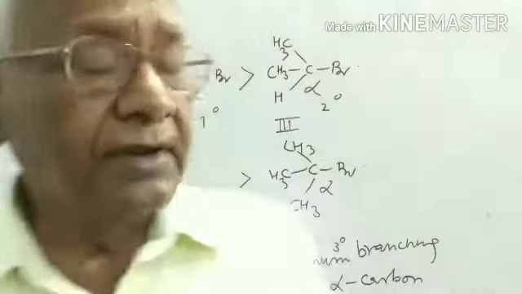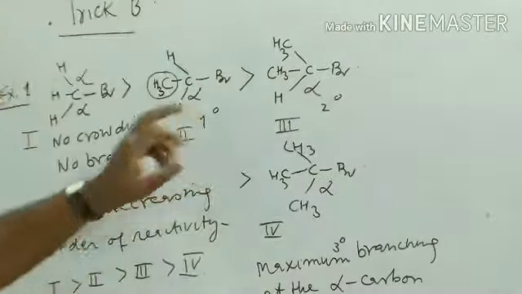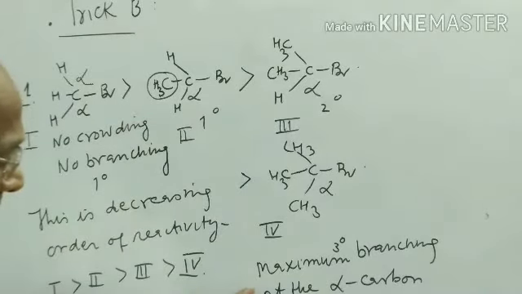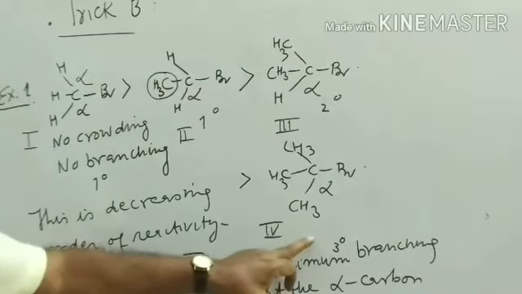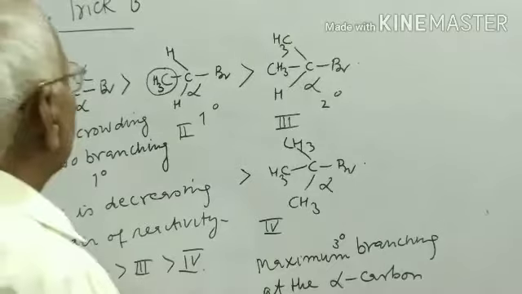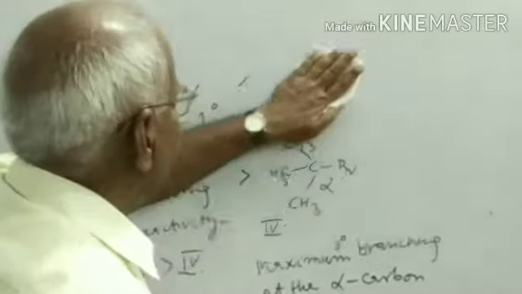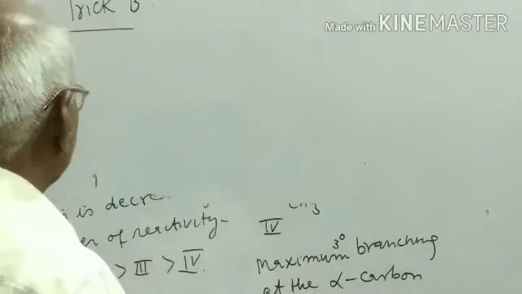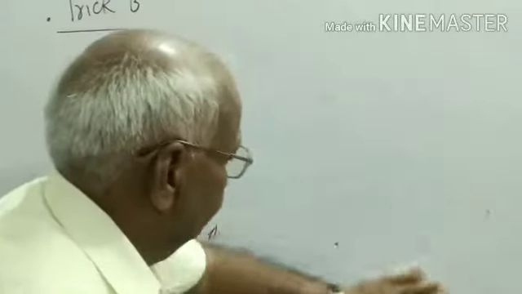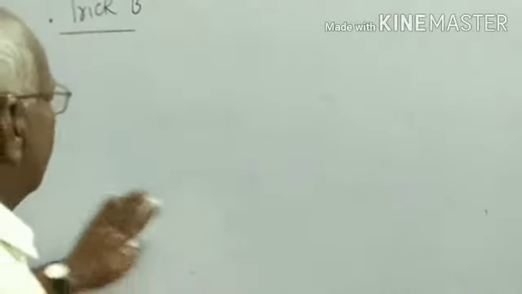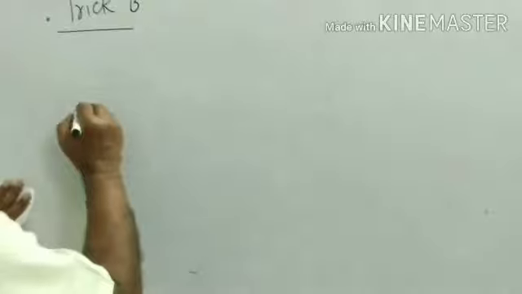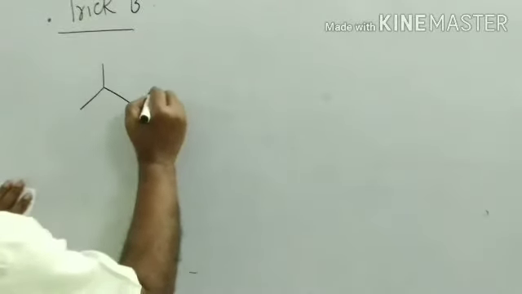This observation is fully satisfied with this example when I have taken the maximum branching in this case. Example 2. I take isopentane. This is isopentane.